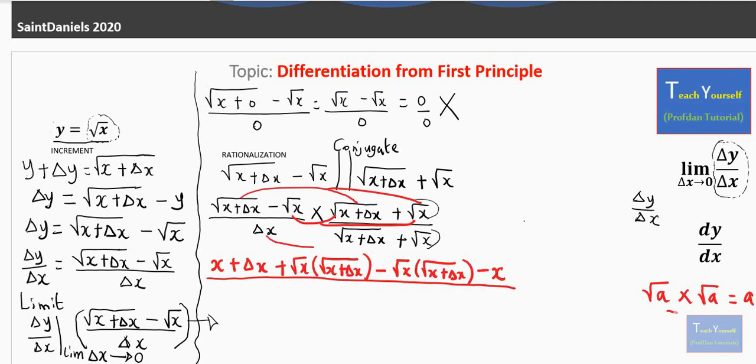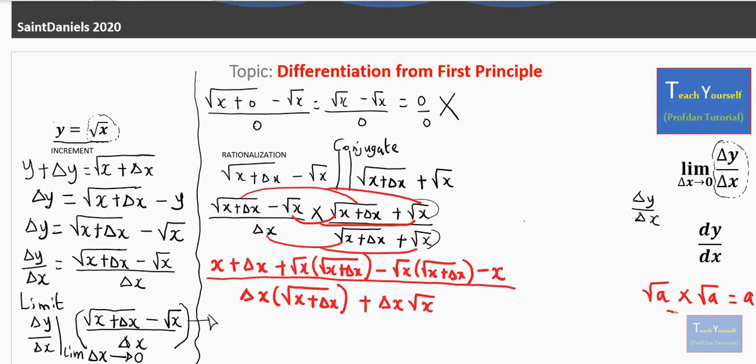Now this multiplies this, and it also multiplies the second one. So that's going to leave us with change in x multiplying the root of x plus change in x, plus increment in x multiplying the root of x.